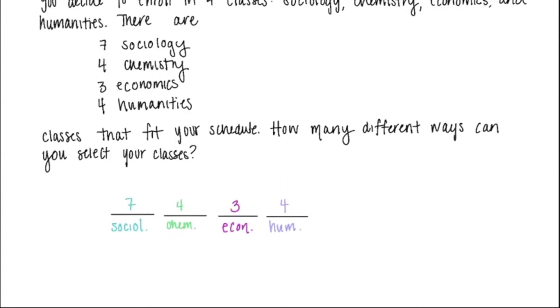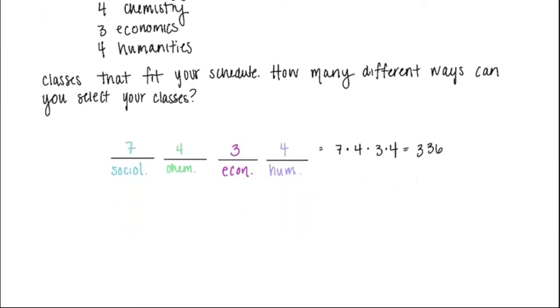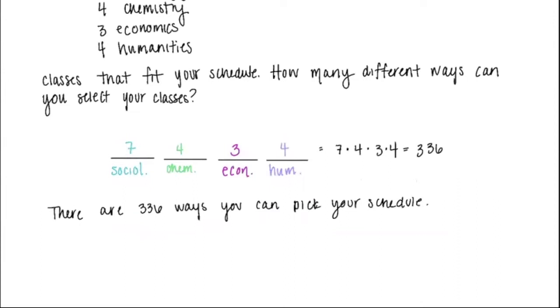What we do is just multiply them together. So the number of ways is 7 times 4 times 3 times 4, which is 336. So ultimately, there are 336 ways you can pick your schedule. So a ton of possibilities that I definitely don't want to go through and try to list them all out.